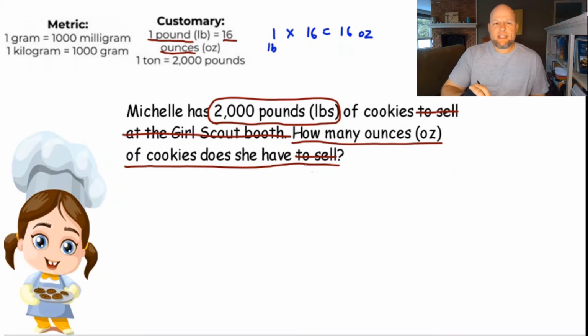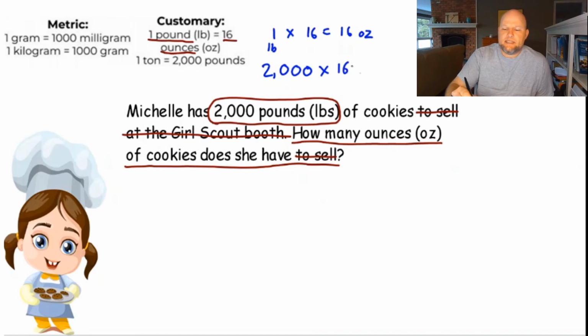So if we use that same idea and replace the 1 with how many pounds we have, times 16, that will give us our ounces. Since this is such a large problem, let's go ahead and use the area model strategy to solve this.